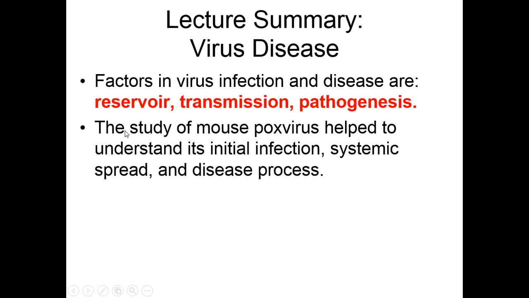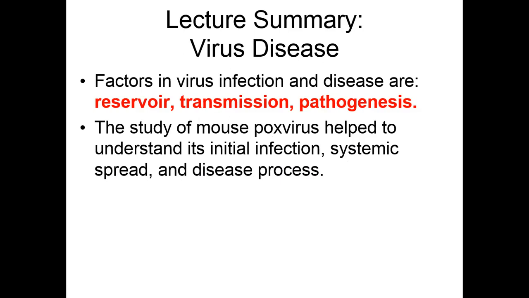The study of this mouse model of pox virus helped tremendously to understand its initial infections or primary viremia, systemic spread, and disease processes. Remember, we said that during this disease, we have two episodes of virus being in the bloodstream, or viremia.